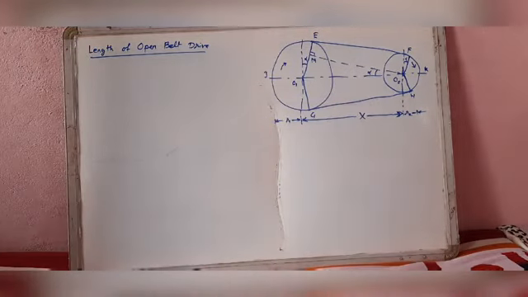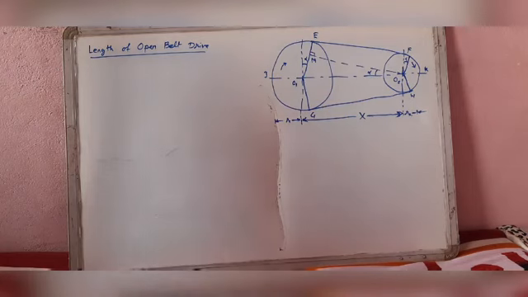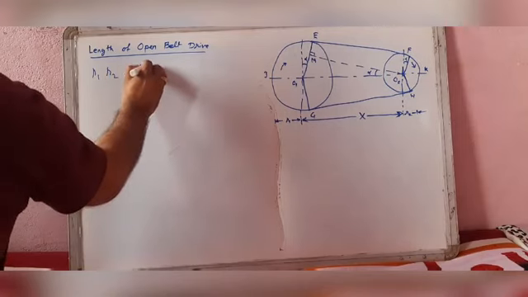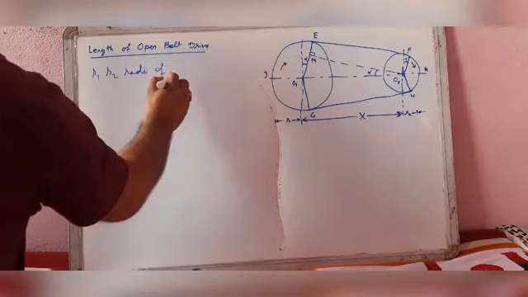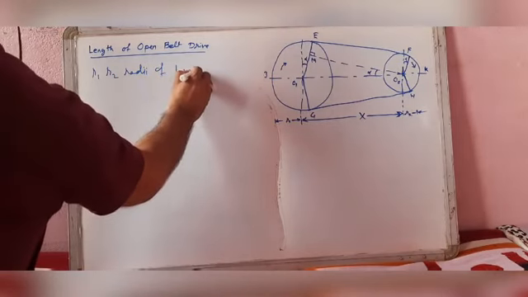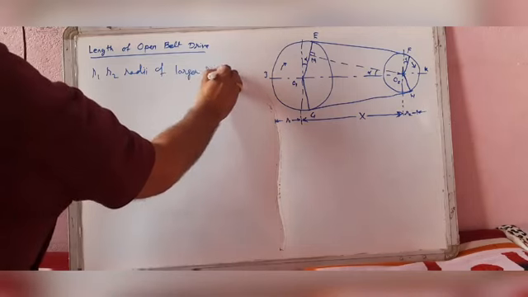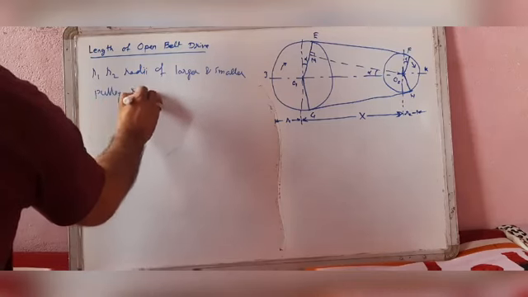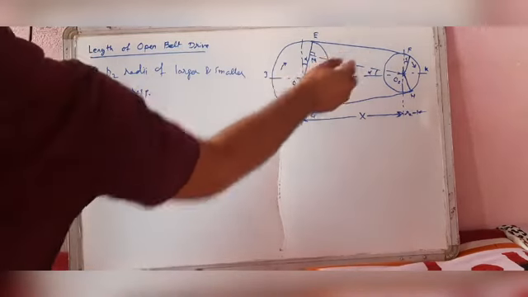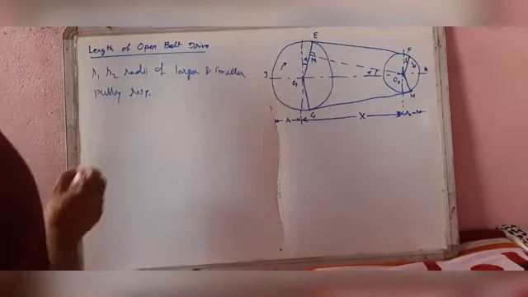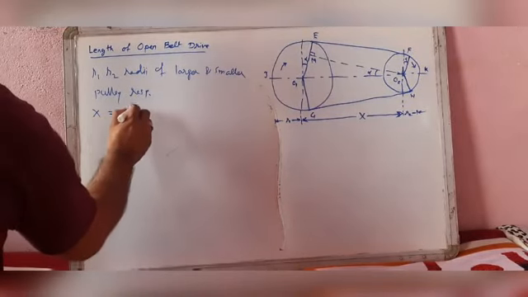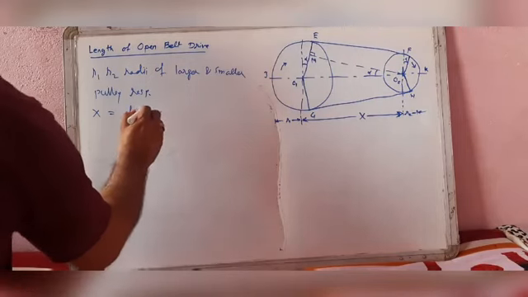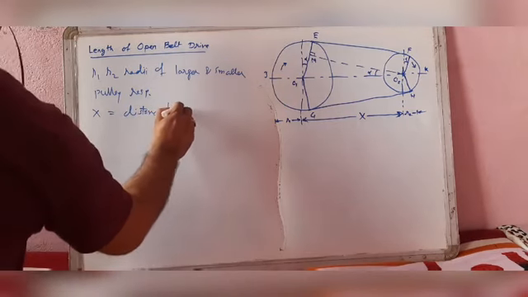Let R1 and R2 be the radii of the larger and smaller pulley respectively, which means this radius is R1 and that radius is R2, and X is the distance between the centers of the pulleys.